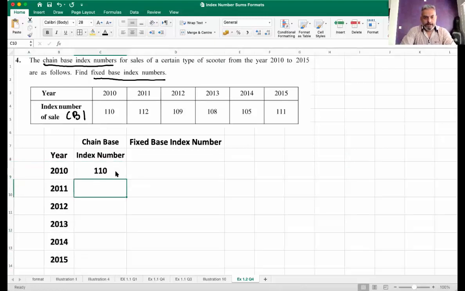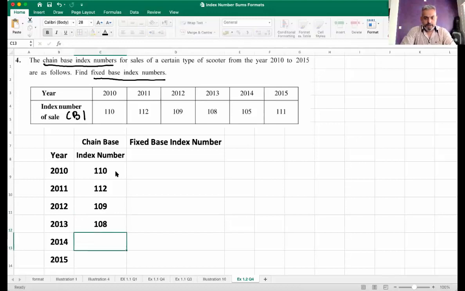Index numbers 110, 112, 109, 108, 105, and 111.